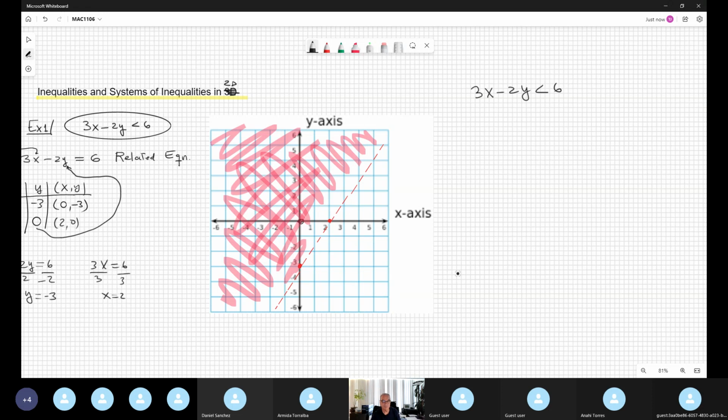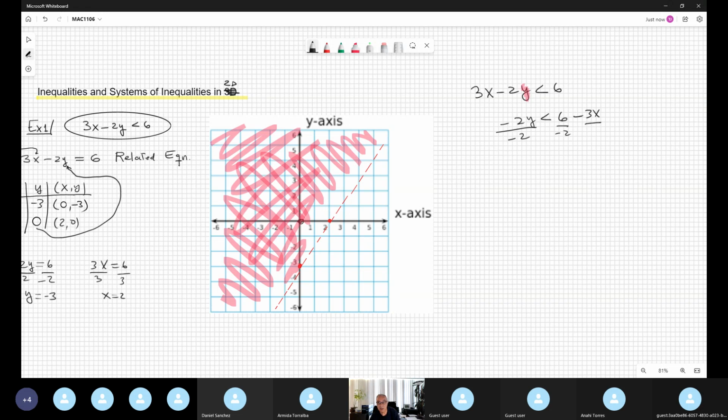Always solve for y. So minus 2y less than 6 minus 3x, divided by negative 2, because my goal is to isolate y.